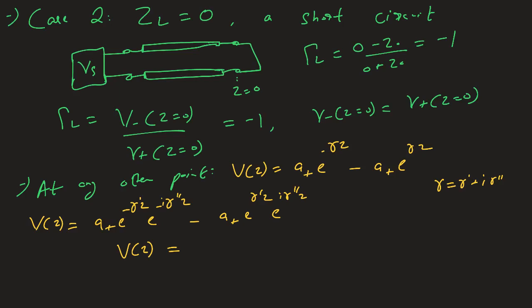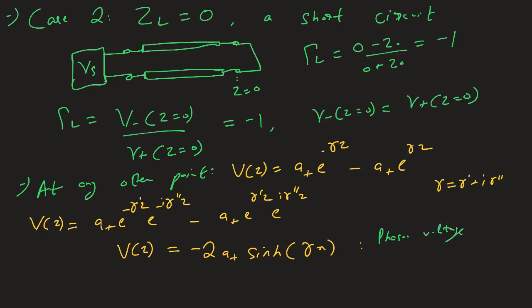So V of Z becomes equal to minus 2A plus sine hyperbolic of gamma Z, where gamma is just the propagation constant. So that's the phasor voltage as a function of z.